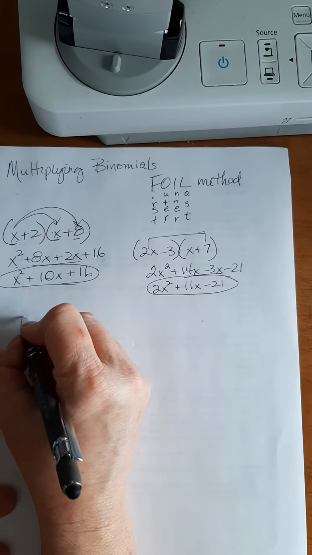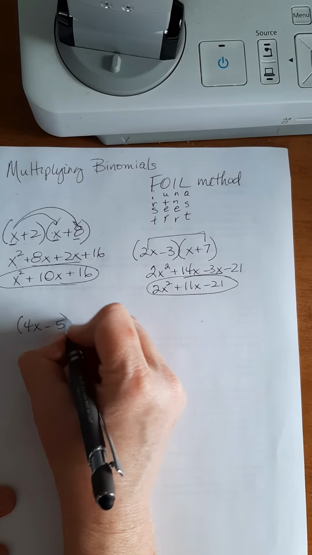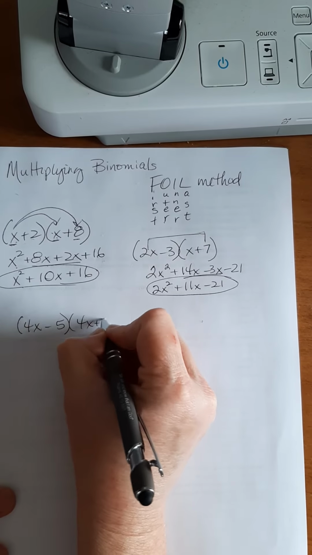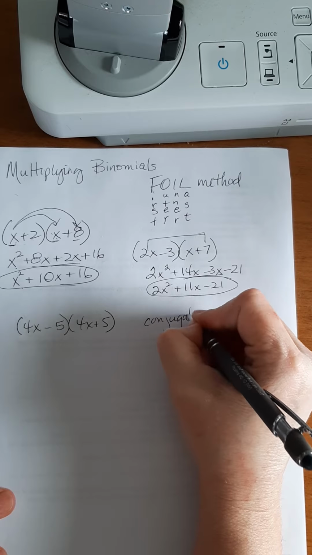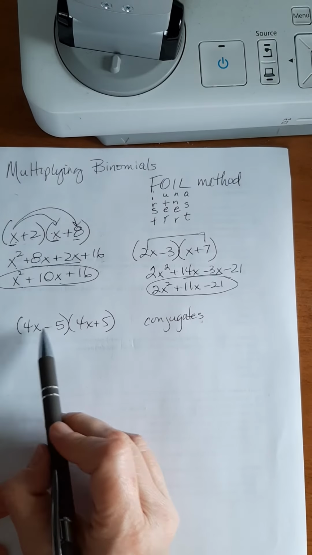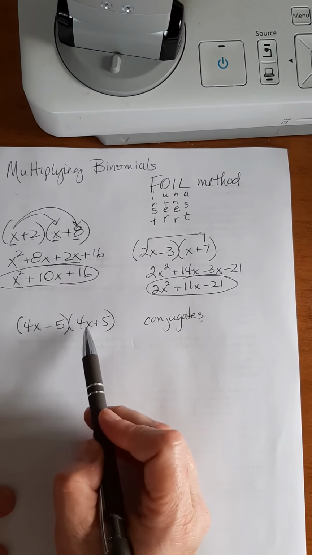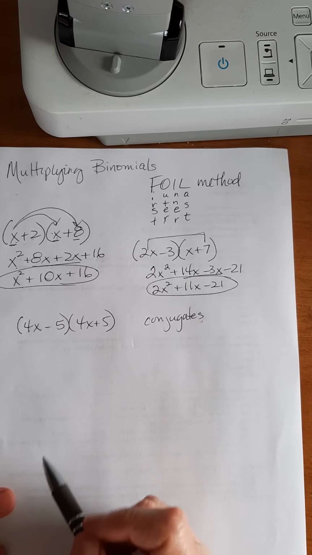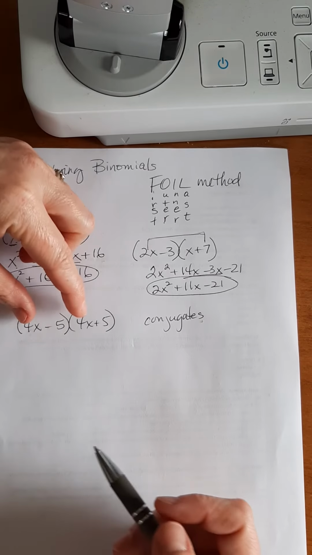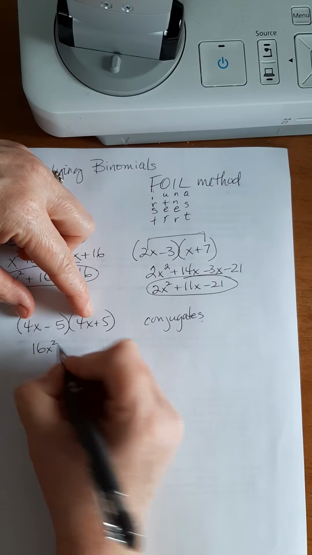Now let's say, just to show you something interesting, they're called conjugates. That'll come into play later with other things in algebra. But conjugates are the exact same terms. It's a binomial, but one has a plus, one has a minus. And when you use a FOIL method on those, watch what happens. 4x times 4x, 16x squared.